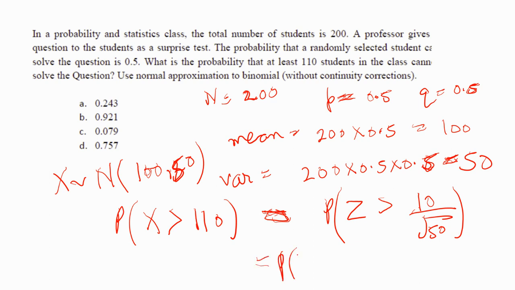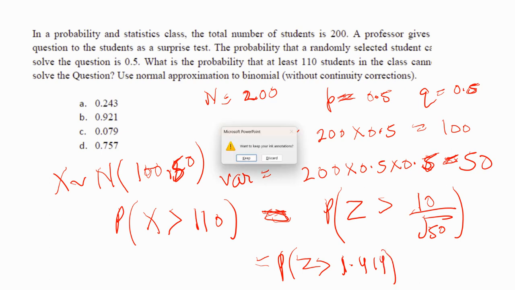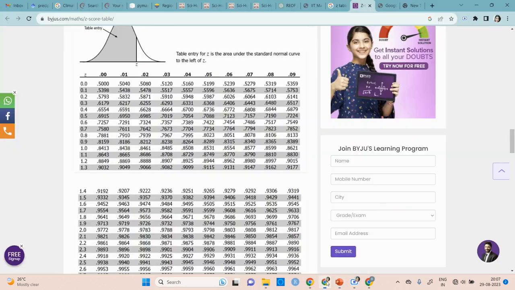Then this value will be z greater than 10 by root 50, which is root 2, equal to 1.414, and that gives 0.9207.